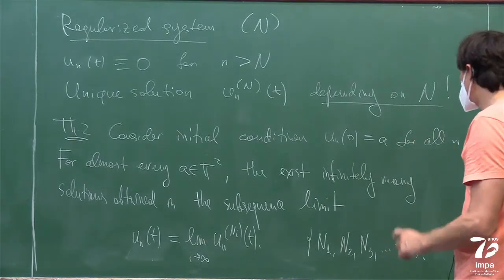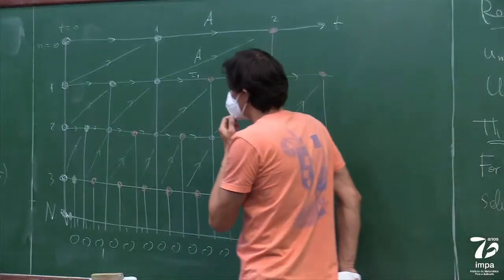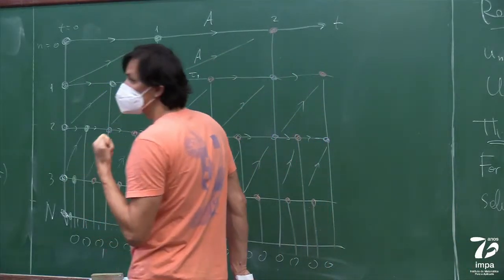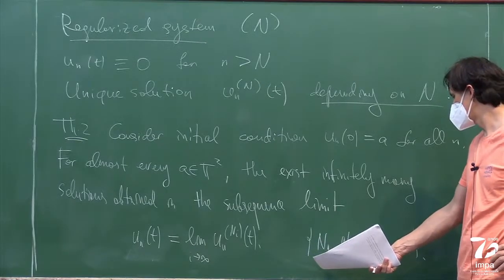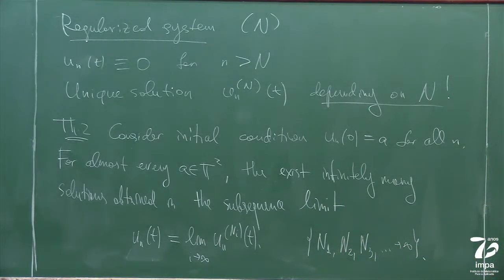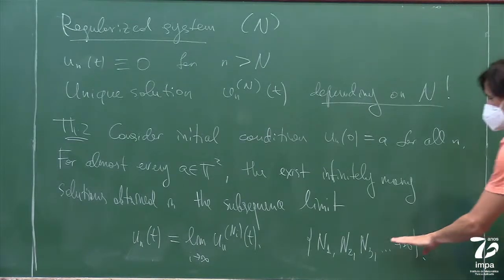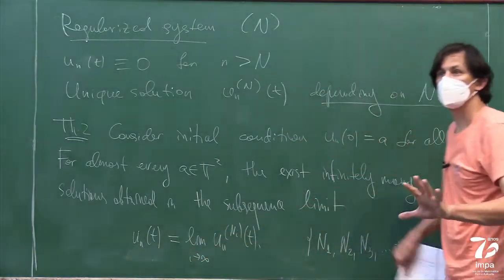At the same time, though the limit does not exist in the normal sense, the limit may exist in a subsequence sense. So we don't just send capital N to infinity, but we send it to infinity along a certain specially chosen subsequence. And this is okay. So the theorem tells that we can choose subsequences which converge everywhere.